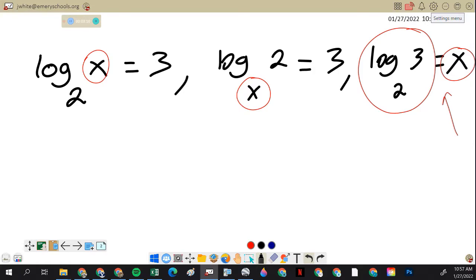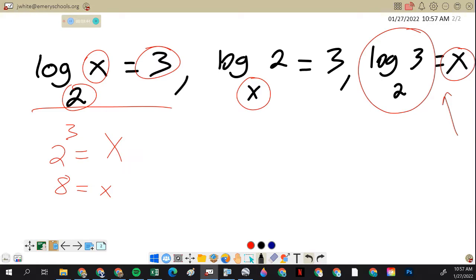The other two have a similar solution method. How would you solve this one? Yep. Convert to exponent. So we convert to exponent. 2 to the 3rd is x. And then 2 to the 3rd is 8.